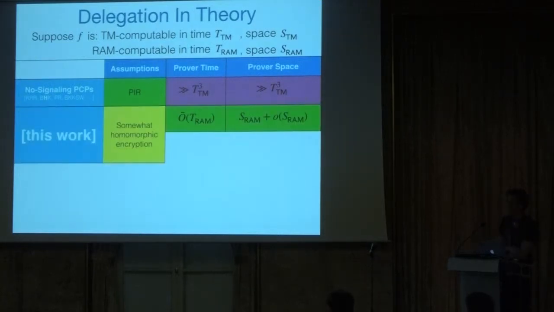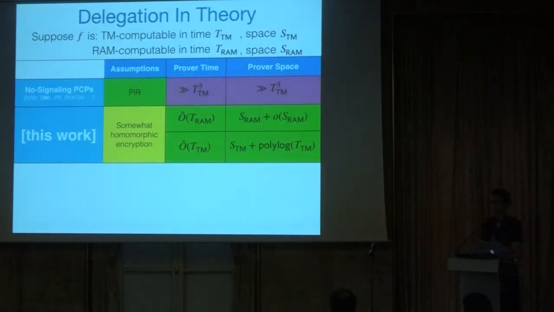So in this work, we improve the prover overhead quite significantly. We use a slightly stronger assumption, assuming that somewhat homomorphic encryption exists. So we essentially match the RAM running time of the computation. And in the case of Turing machines, we can also do slightly better, getting a polylog additive overhead in space instead of just sublinear.